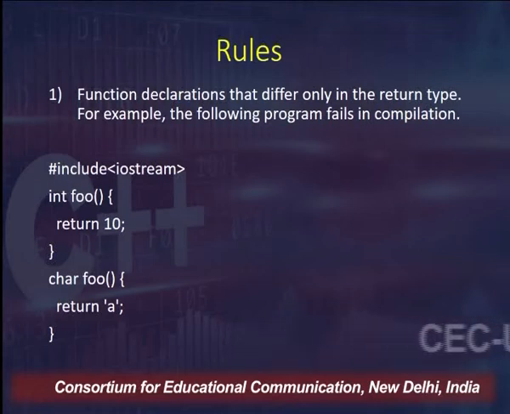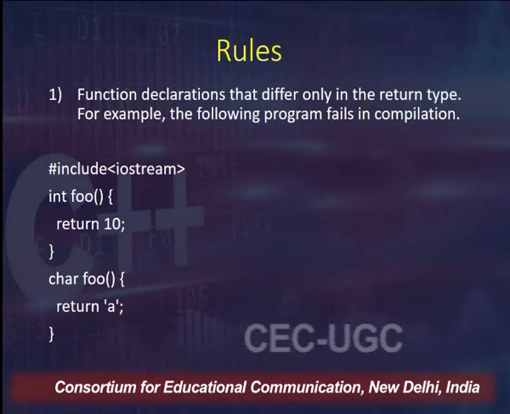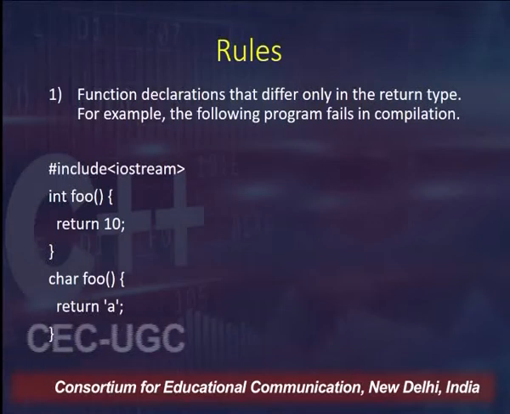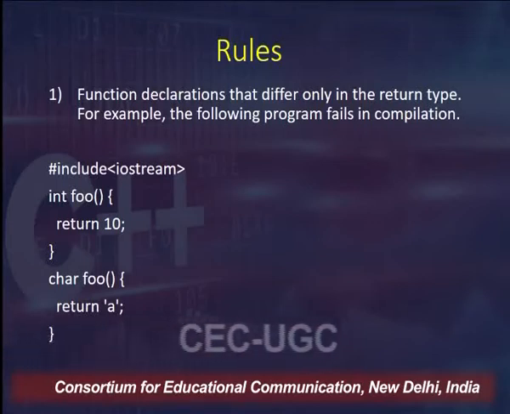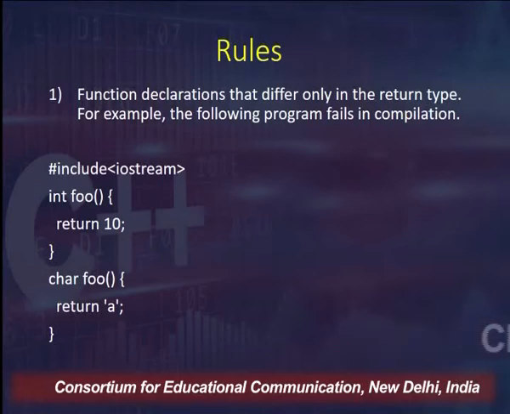That means the parameter list for the first foo is empty and the parameter list for the second foo is also empty. The names are the same, obviously, since we are looking for the same names when we are talking about overloading. The only thing which is different here is the return type. The first one has a return type of integer, the other one a return type of character.